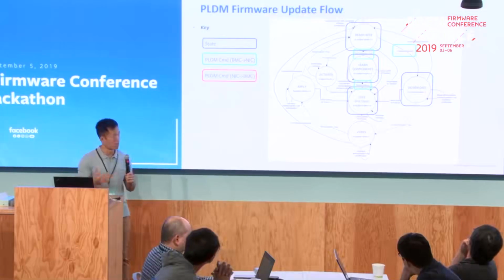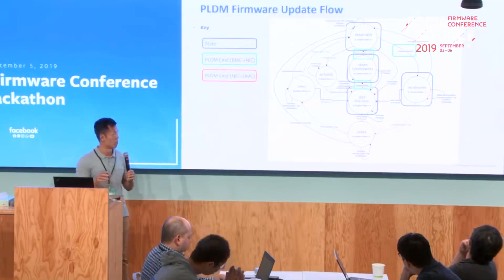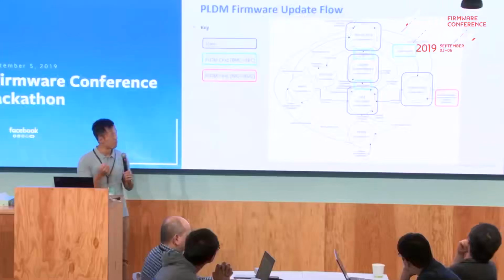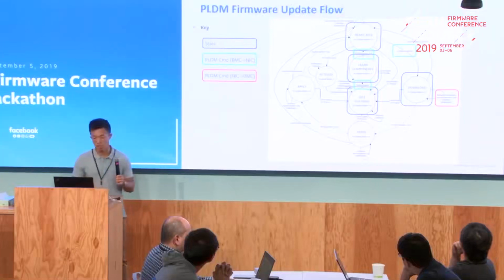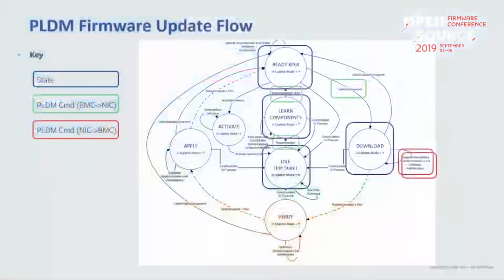So let's say you have a 10 megabyte firmware, you can decide what the maximum buffer size is that it will support. So the device sends a command to BMC to say, hey, give me 1 KB from offset 0. BMC responds, and then send me the next chunk, and next chunk, and next chunk.